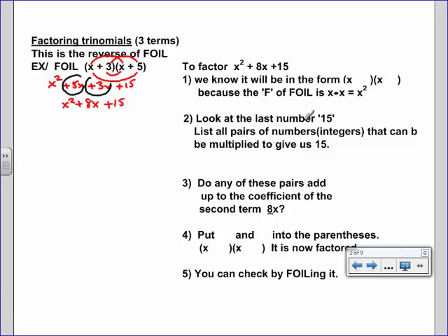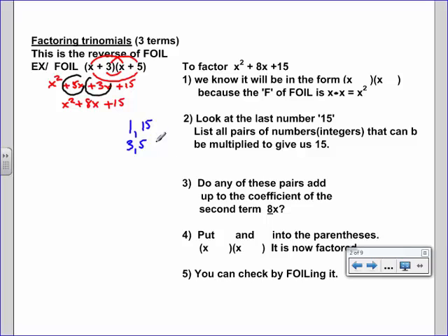We have to figure out what numbers to put in here and here. Look at the last number in the function, x squared plus 8x plus 15. List all pairs of numbers that could be multiplied to give us 15. We could have 1 times 15 or 3 times 5.